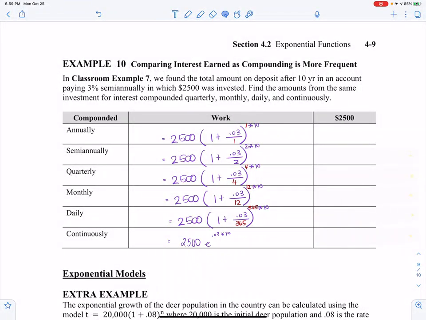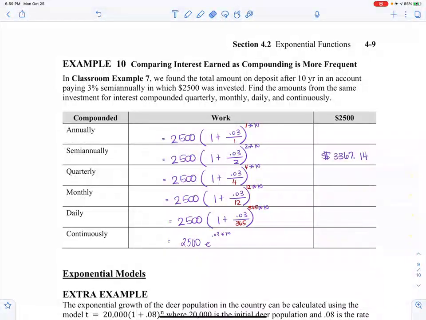So let's compare. What does it look like if we compound it annually, or quarterly, or monthly, or daily, or even continuously? So for the first 5 of these, we're going to use that messy formula, the dirty formula. Now, you can just go back to example 7 and copy the semi-annually. We've already done that work, so let's not take any extra time to do that.